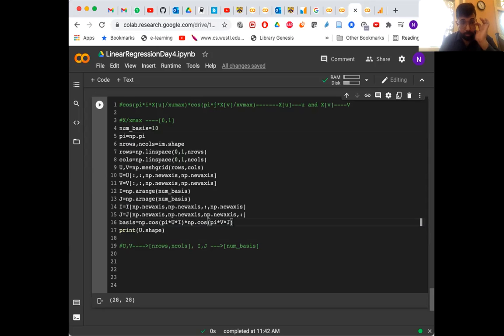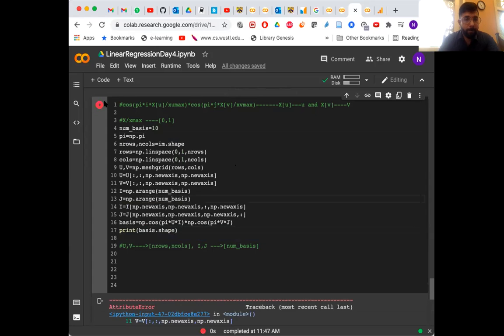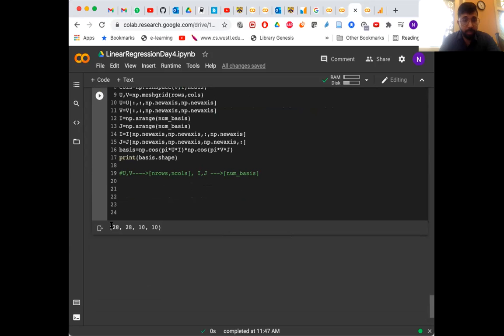I think that should do. So let's look at basis.shape. Okay, so that's exactly what we expect. 28 times 28 times 10 times 10.